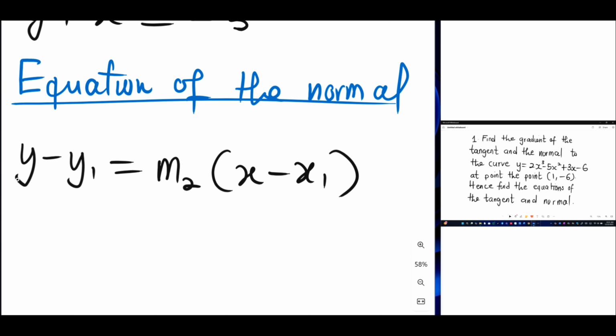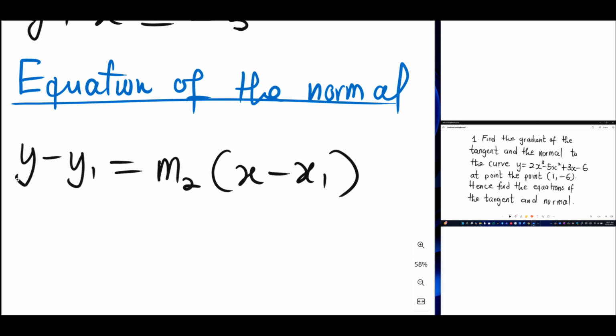The y1 and the x1 are the same as the coordinates of the point on the tangent, because the normal also meets the tangent at that point, so we conclude that the point is also on the normal.